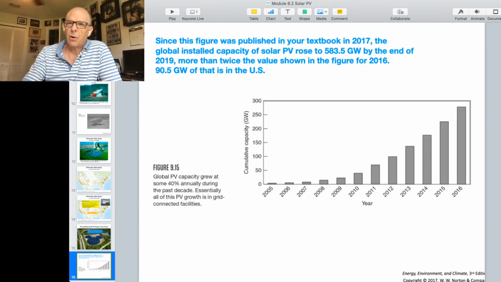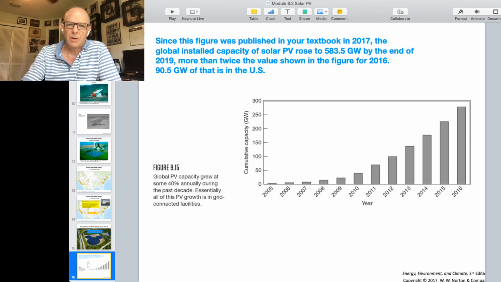And you can see that the growth has been something like 40% per year, which is just huge. That's a doubling time of less than 3 years. And in fact, I looked up the numbers since this was published, and the global installed capacity of solar photovoltaic at the end of 2019 was 583 gigawatts, and you can see that in 2016 it was about 270 gigawatts.